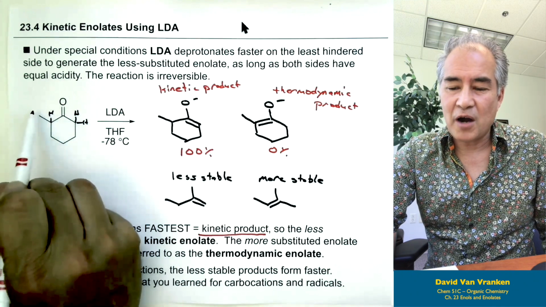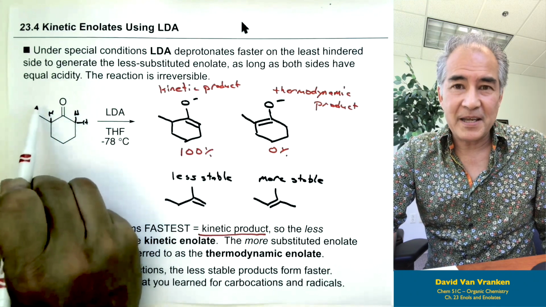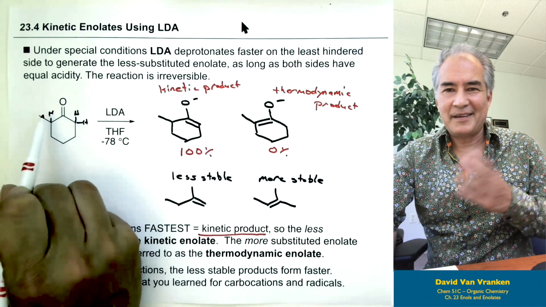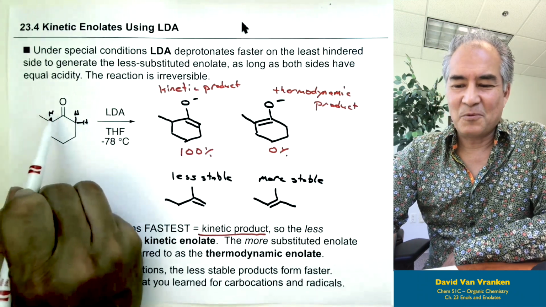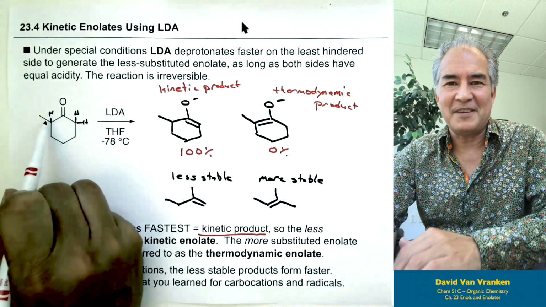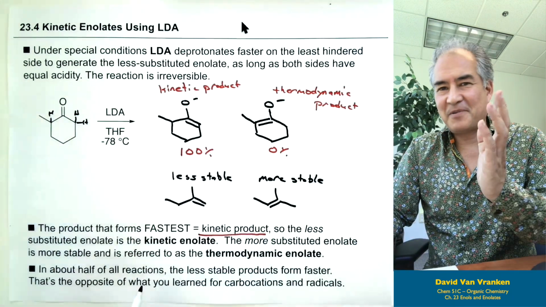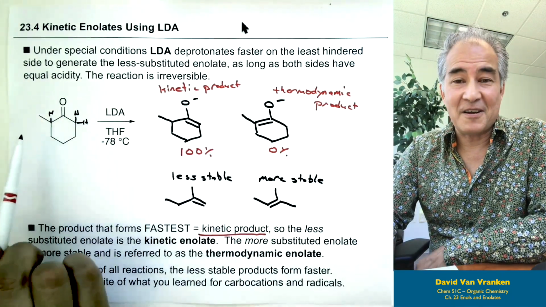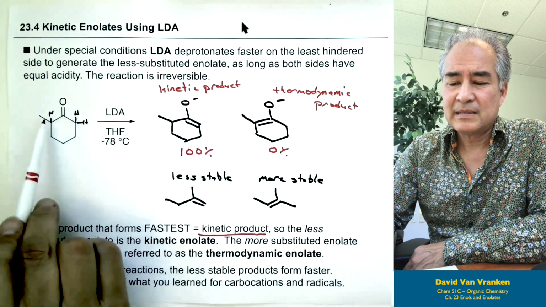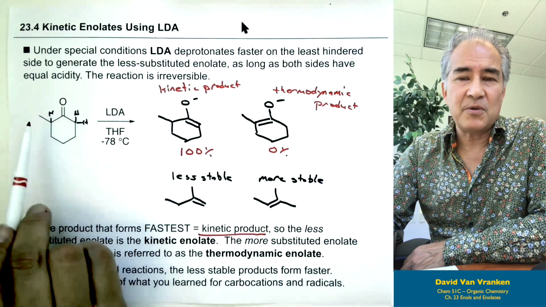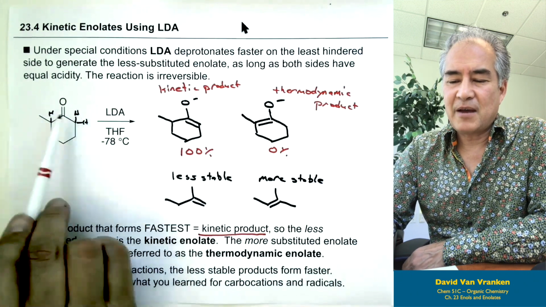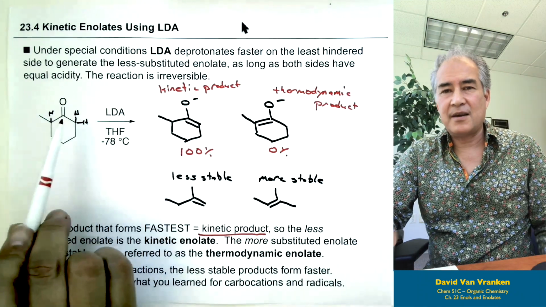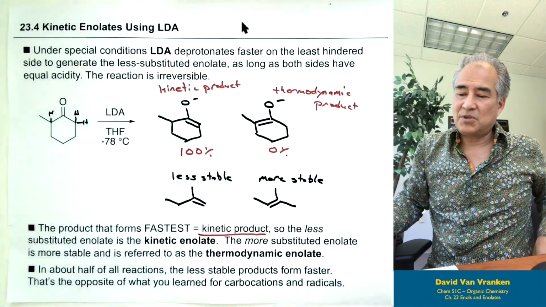If you have another carbonyl here, then they don't have the same acidity. The proton that's between two carbonyls is going to be the one that gets deprotonated. And sterics isn't going to help you fix that problem. But when the CHs on both sides have about the same acidity, and it's just a matter of more alkyl groups on one side versus the other, the LDA goes after the less substituted side.